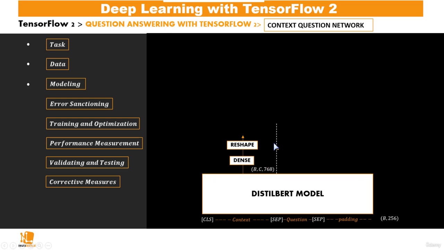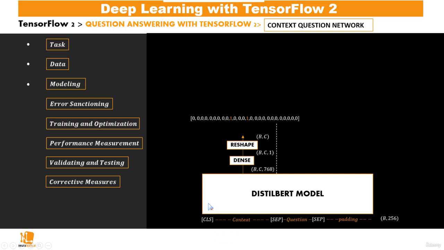Then once we get this, we pass this output to a dense layer which has only one output neuron, such that we have this new tensor of shape batch size by context length by 1. Then we reshape it to give us batch size by context length, and then we obtain this kind of output wherein all the values are zeros except where we have the start and the end positions.